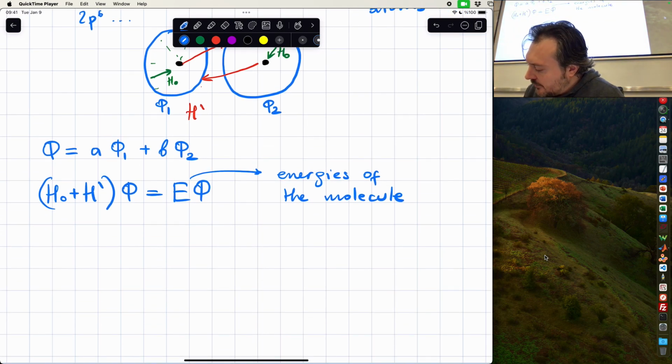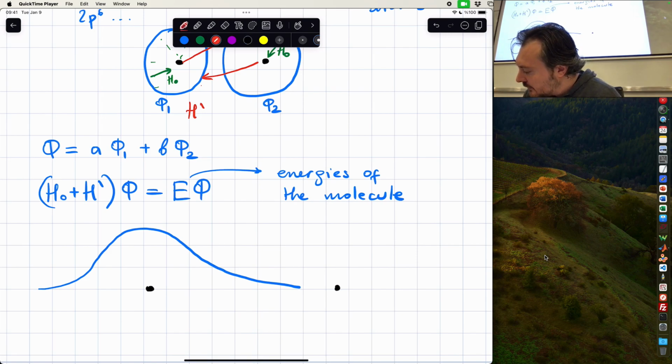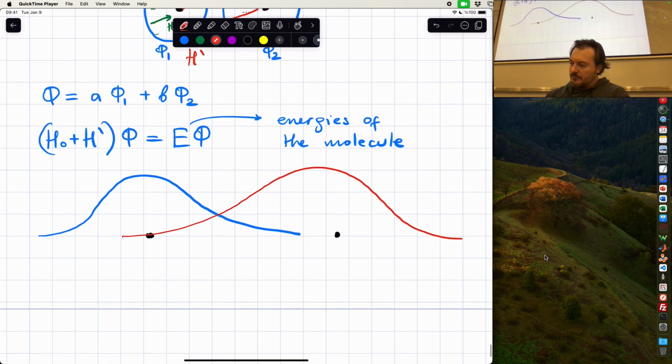We have phi 1 that is concentrated on one side, and phi 2 that is concentrated on the other side. Okay. So we will have some assumptions. Let me start with those assumptions.